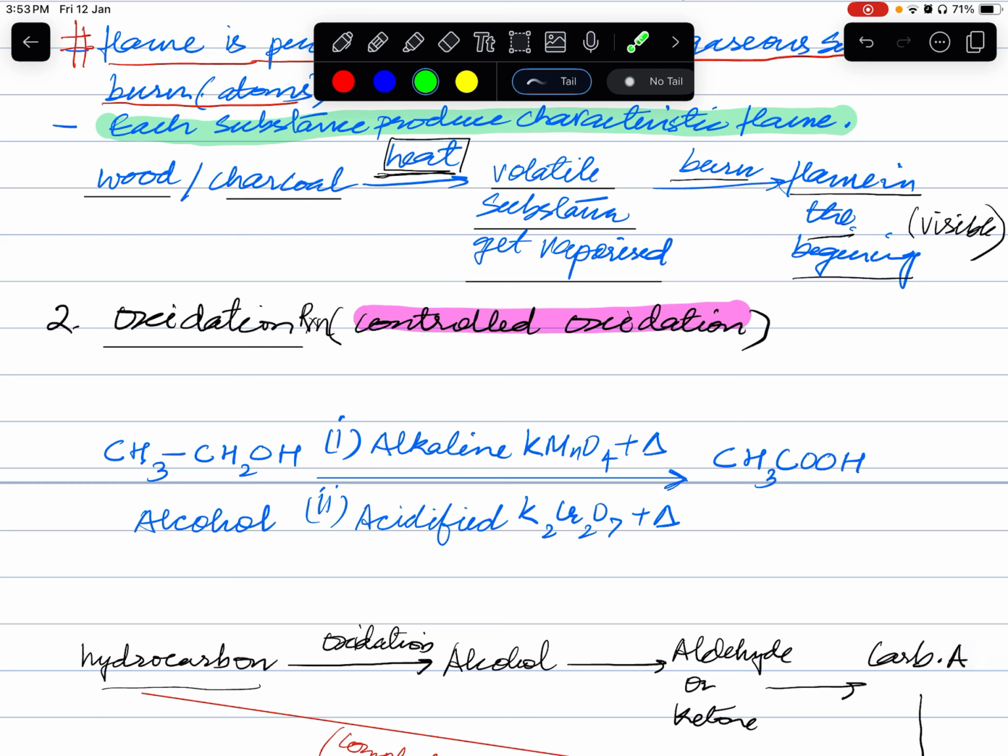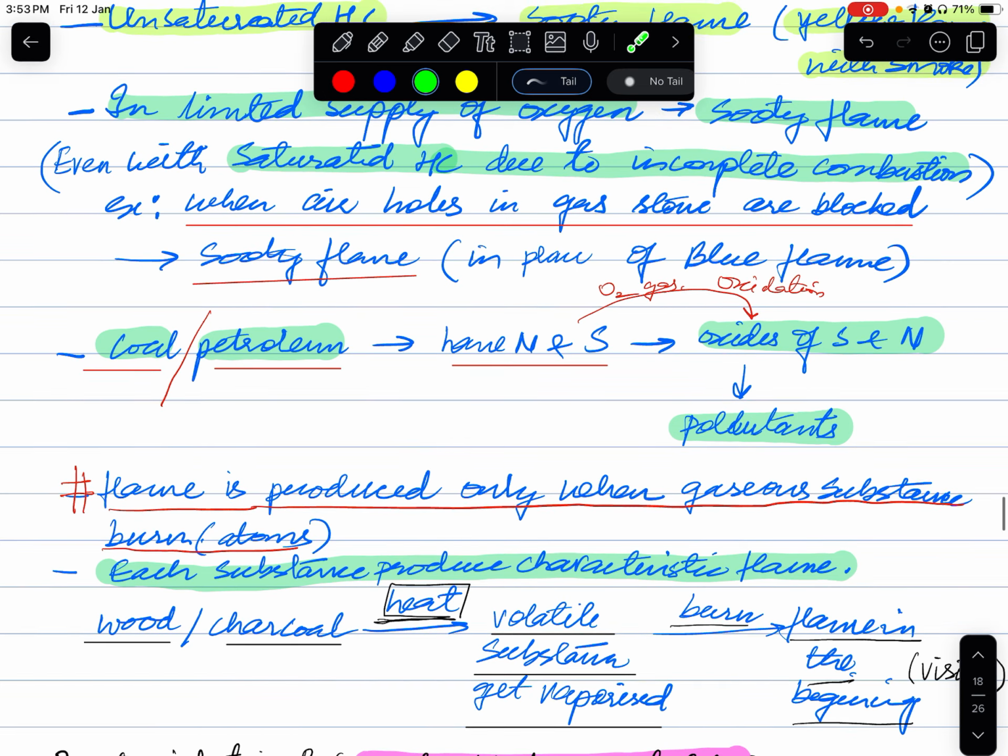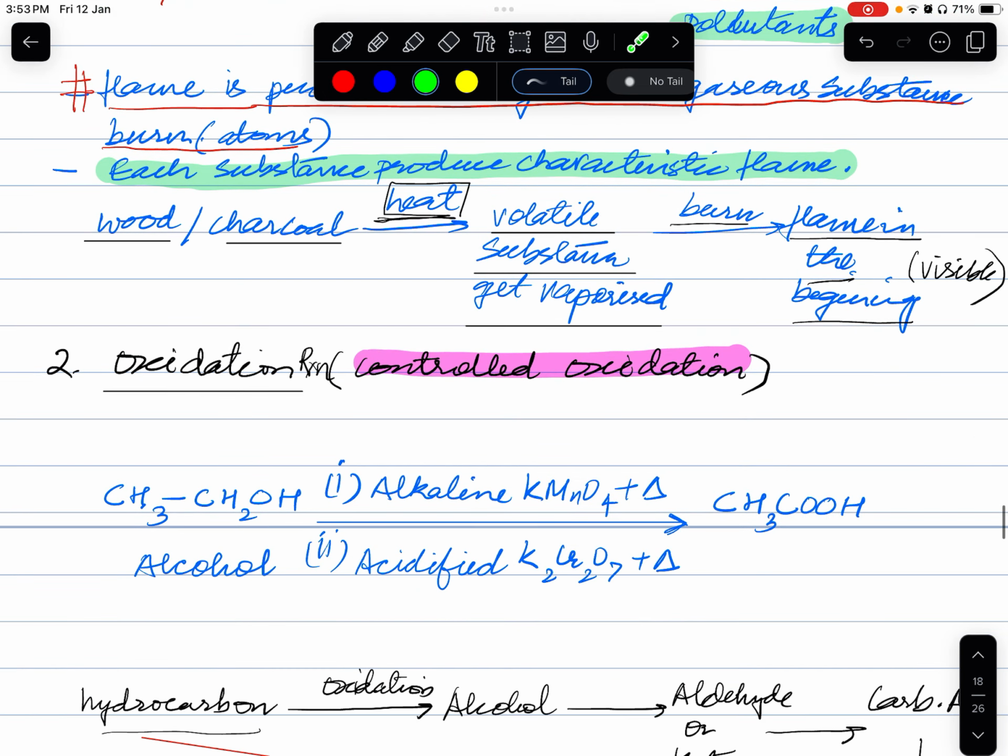So what is oxidation reaction? For example, if we have alcohol with us, this alcohol will convert to carboxylic acid if we treat it with either alkaline KMnO4 or acidified K2Cr2O7.